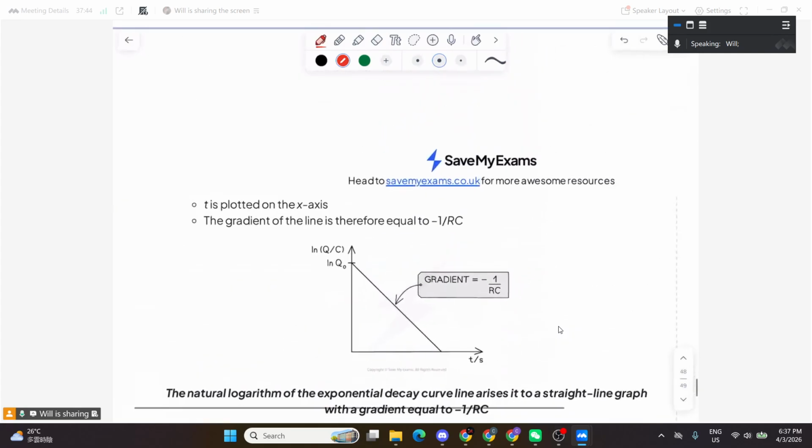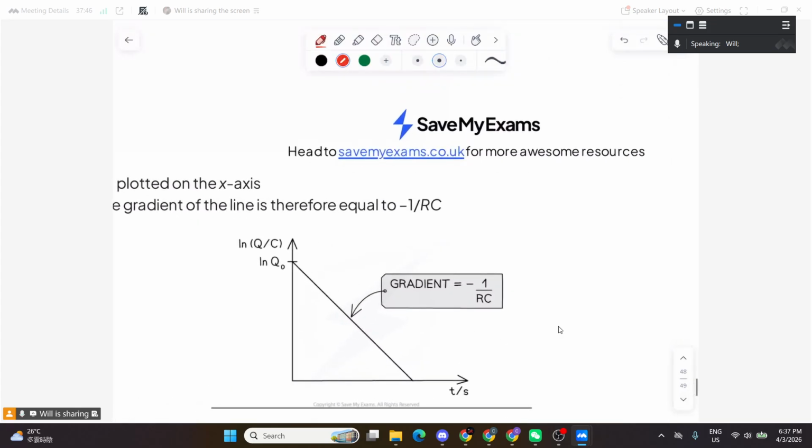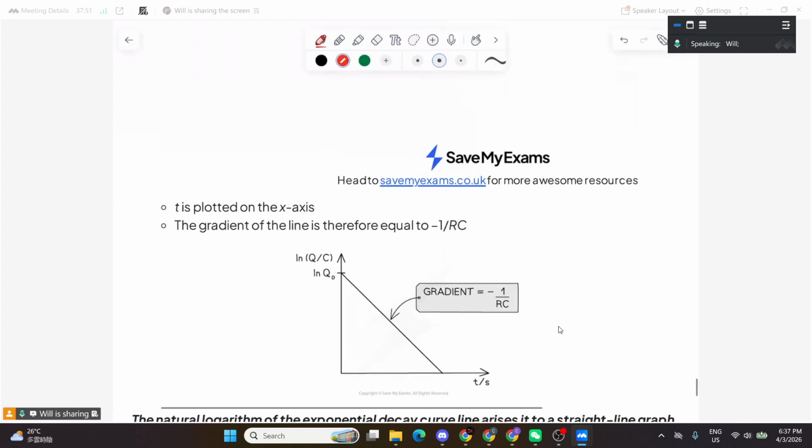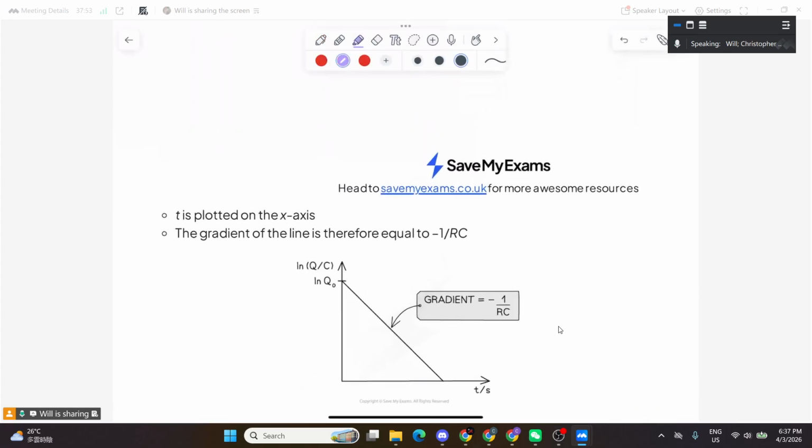So the graph is like this, right? The gradient represents -1 over RC, and the intercept with the y-axis is the log of the initial value of the charge quantity.